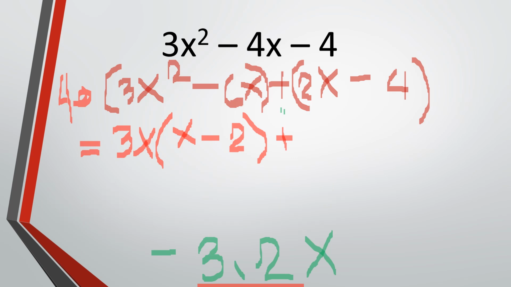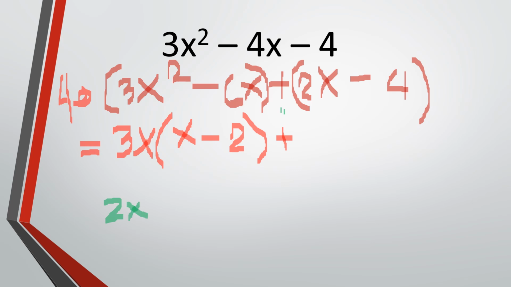Let me erase this. Alright, we have 2x minus 4. Our first term here is 2x, and the second term is 4. Now, 2 and 4, its greatest common factor is 2. Now, 2 divided by 2, we have 1. We have here x. 4 divided by 2, we have 2.